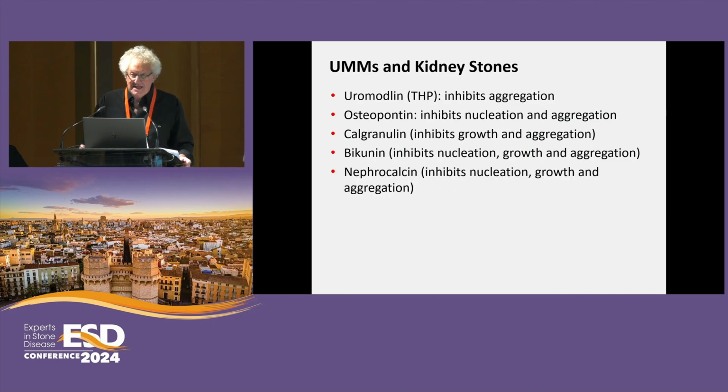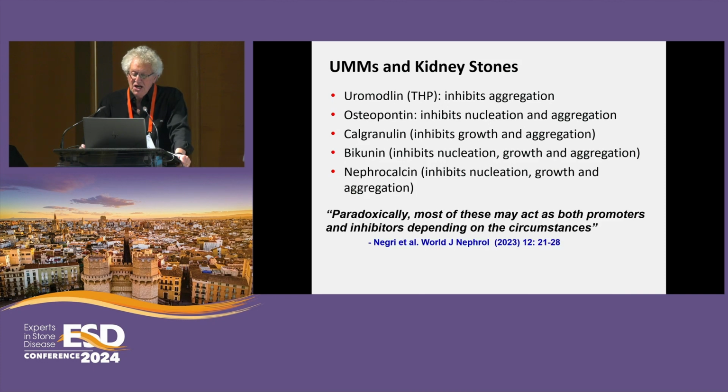There are many. And here's just a list of 5 or 6. And we see, as we look at this, that the macromolecules play a supposed role in the 3 processes of nucleation, growth, and aggregation, and also, as we're going to discuss in a moment, adhesion.